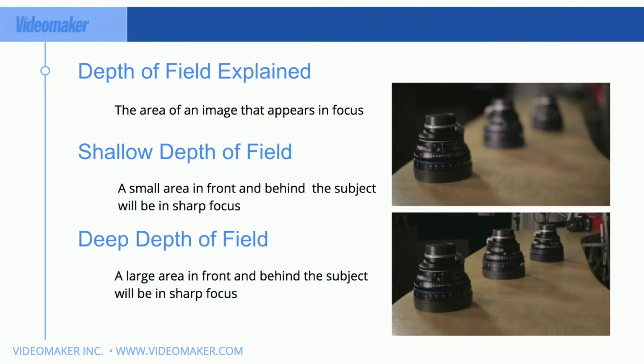We'll get into that a little bit more, but think of live action sports and situations where you can't control your subject or the shooting situation. A deep depth of field can be your friend and really make it so that you can get a beautiful image. It just might not be as shallow as you'd like it to be, but deep depth of field is not something to shy away from.